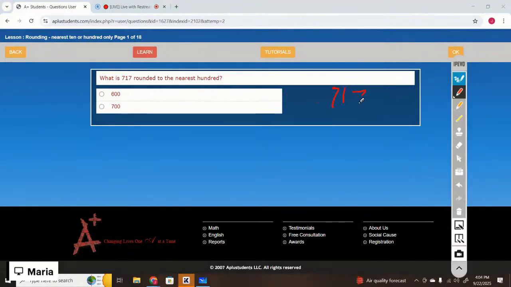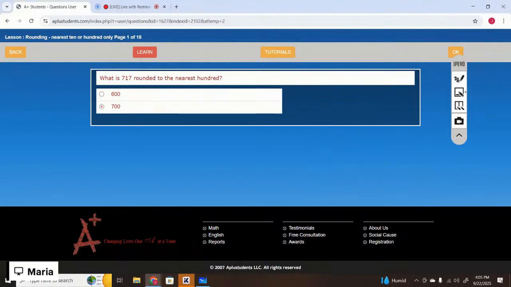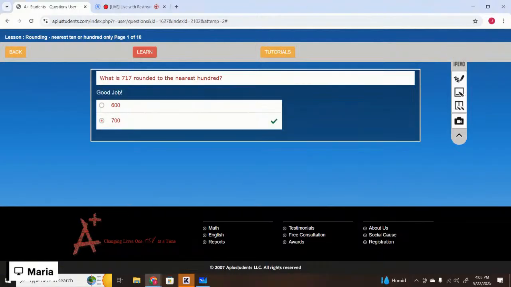So 717. 7 is the digit that is at the hundreds position. Right next to 7, we have 1. 1 is less than 5. So that means you need to round down to the same 100. So it would be rounded to 700. So the correct option is 700. 717 is rounded to 700. Option number 2 is the correct option.